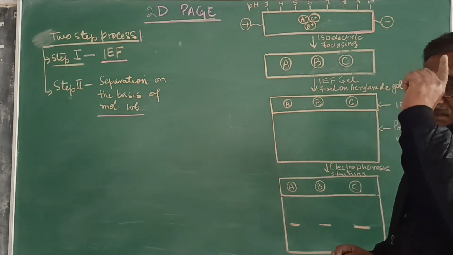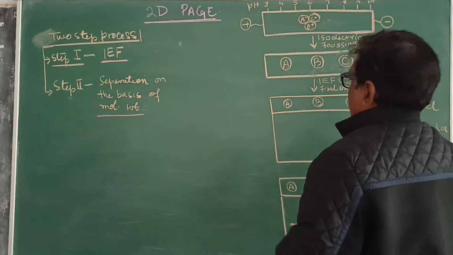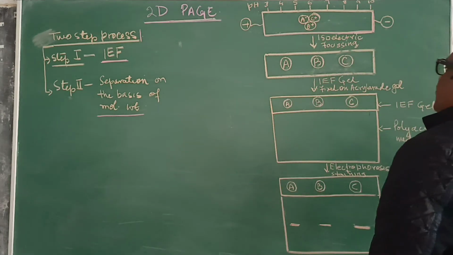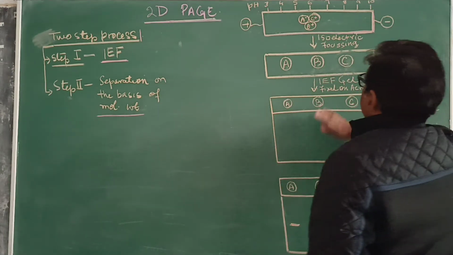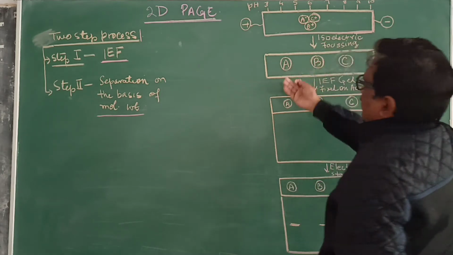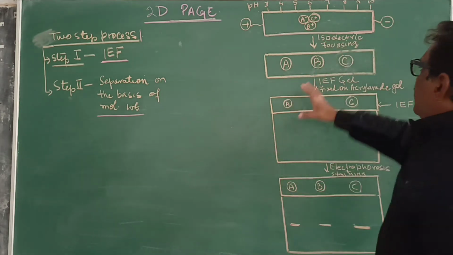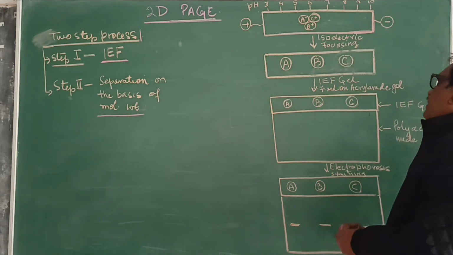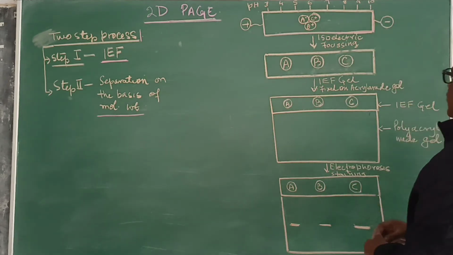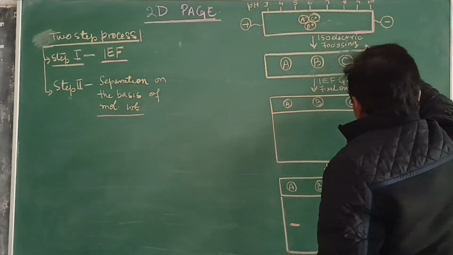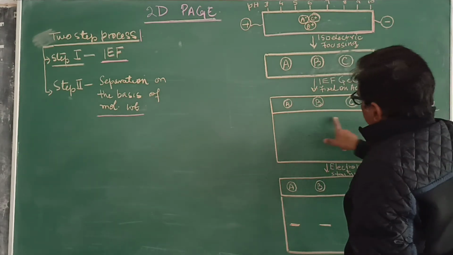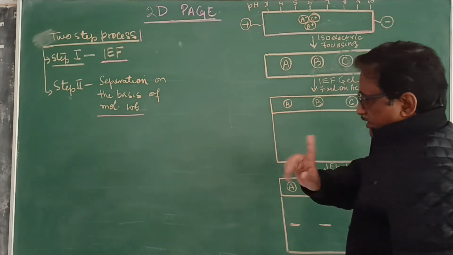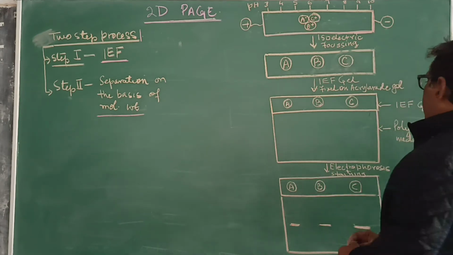That is needed for polyacrylamide gel electrophoresis. In the next step, after about half an hour of incubation in sodium dodecyl sulfate, this strip is put on another gel prepared for PAGE, a polyacrylamide gel.